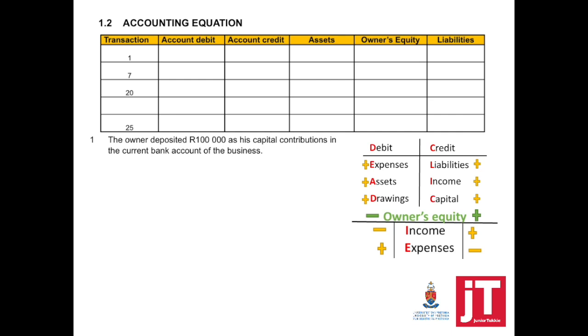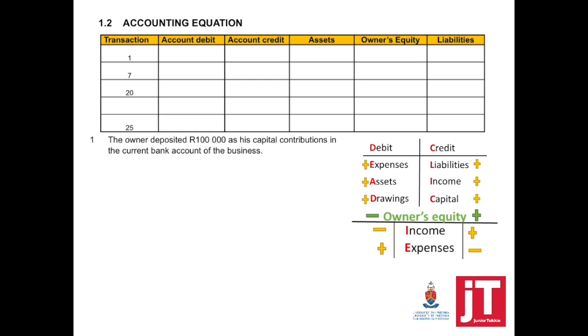So when we look at how that will impact the owner's equity, if my expenses increase, it will have a negative effect. Why is that? The interest that the owner has in the business is the profit. How do we calculate profit? Income minus expenses. So if our expenses increase, our profit will be less. That will have a negative effect on the owner's equity. So make sure that you understand that.